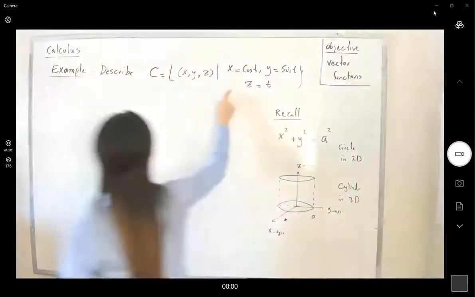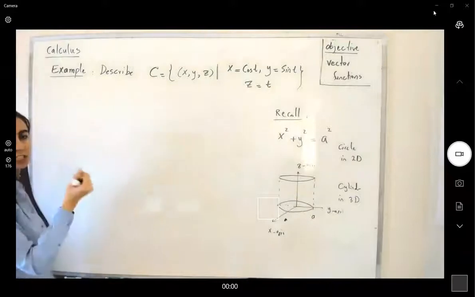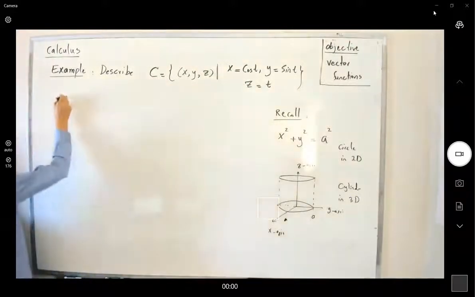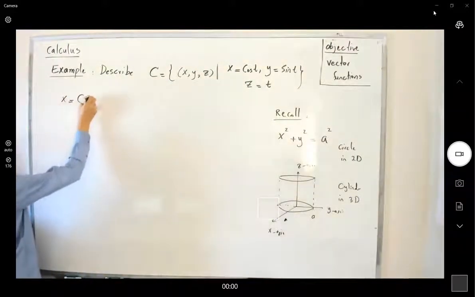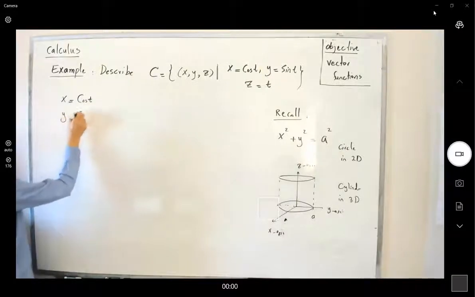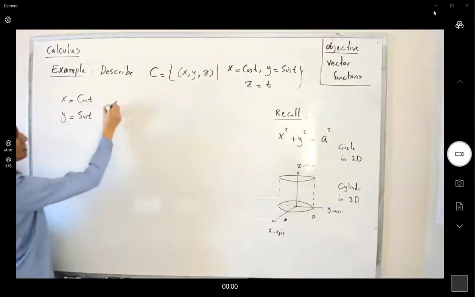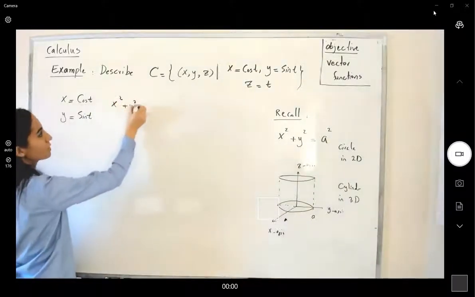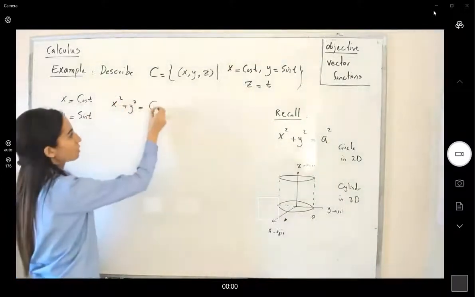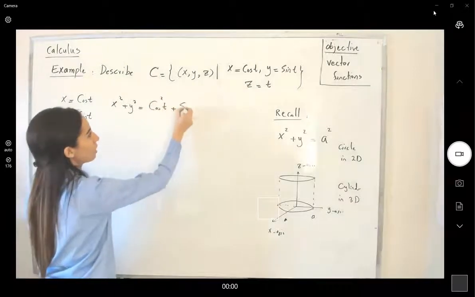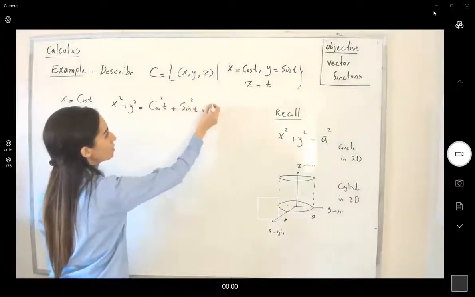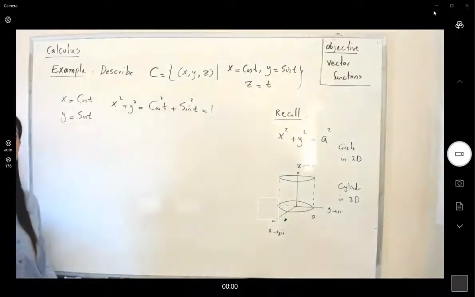What about this vector valued function? This vector function says, hey, my x is equal to cosine t, and my y is equal to sine t. x squared plus y squared is equal to cosine squared t plus sine squared t, which we all know is equal to 1.